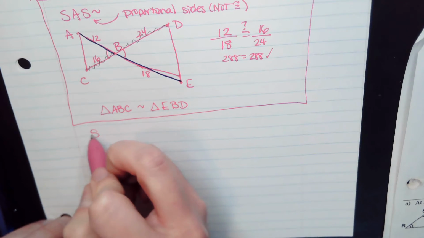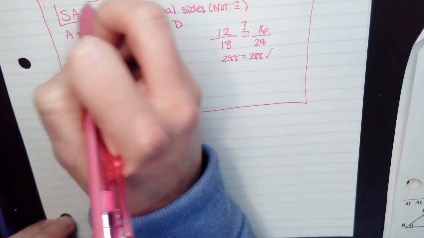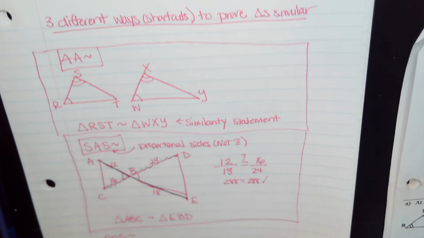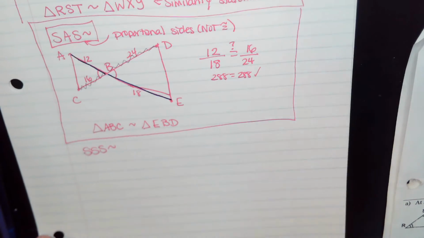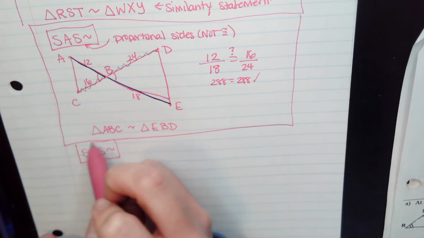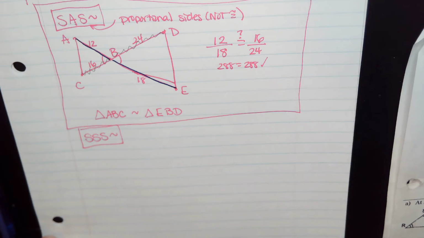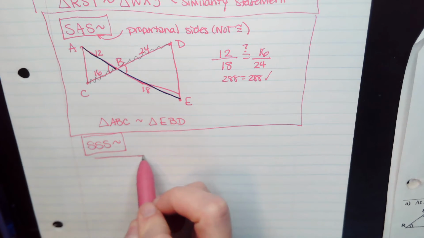And the third way is by side, side, side similarity, which means you have three, just box those up as well, right here. Three sides that are proportional. So for that one, I'm gonna give you two different triangles again.